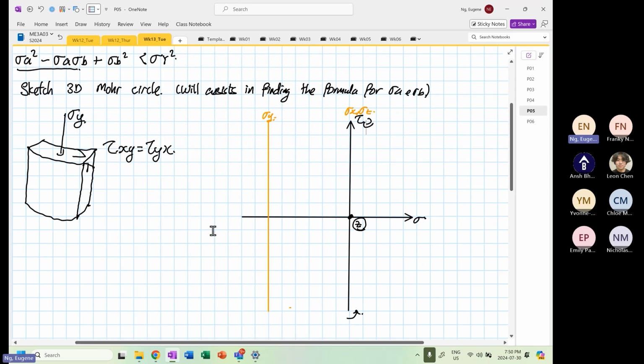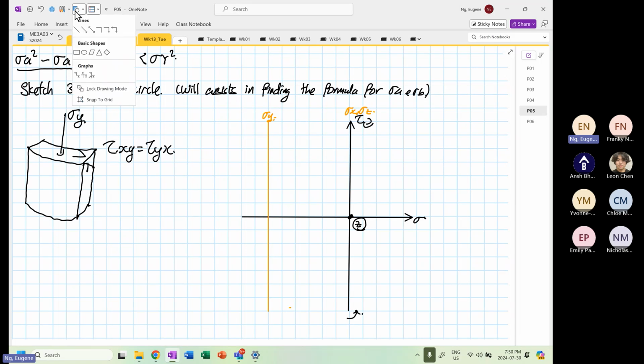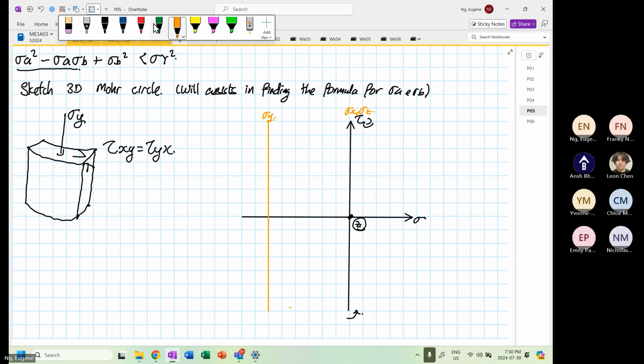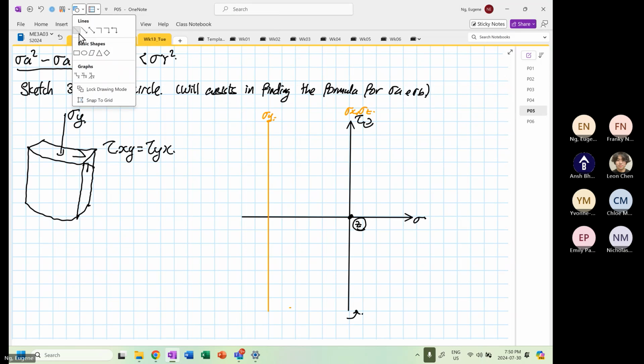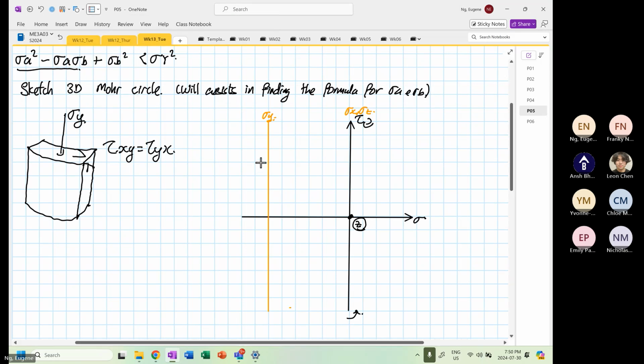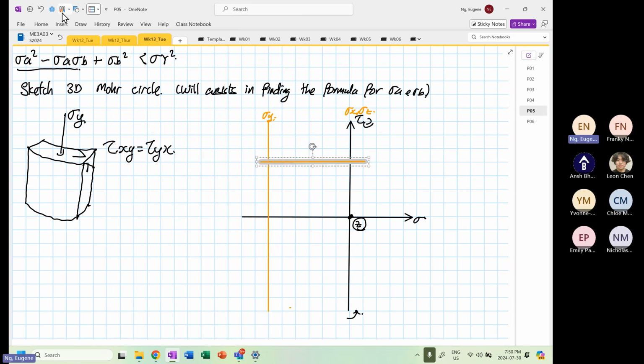And then again we have our shear. Again, this is just a sketch. Okay, so these are our shear.